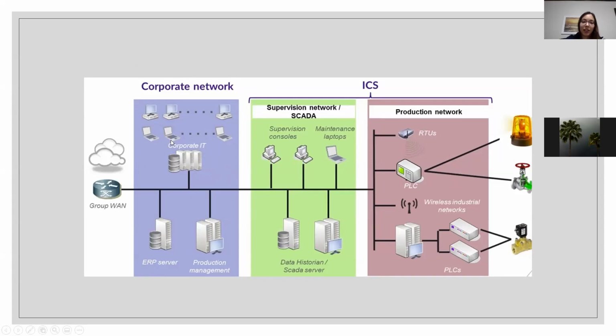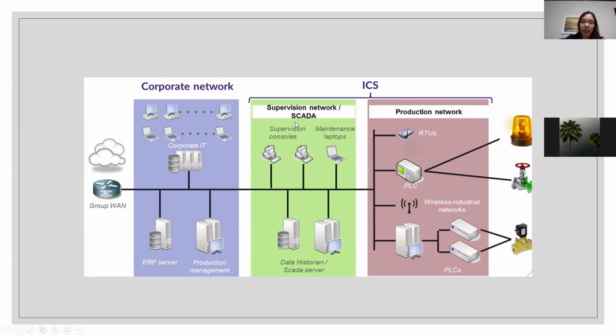You've got engineering workstations, laptops, servers. And this may be fully segmented from the OT network, or it may be somewhat interconnected. That's on a case-by-case basis. Then the OT network would be all of this, the green and red box. So it would include both the supervision network and the production network.